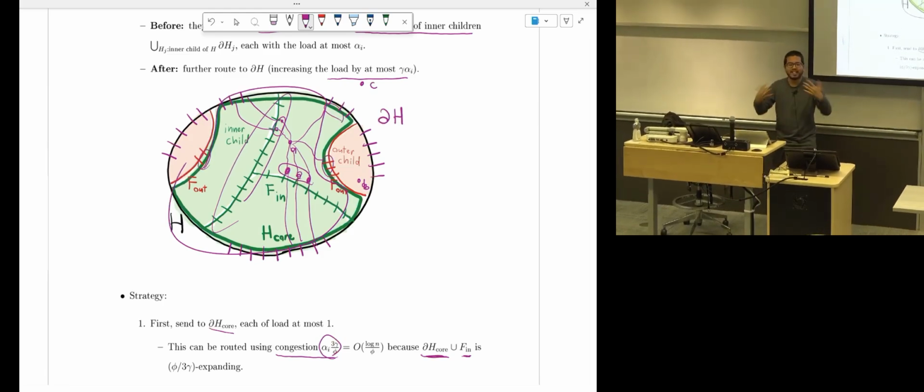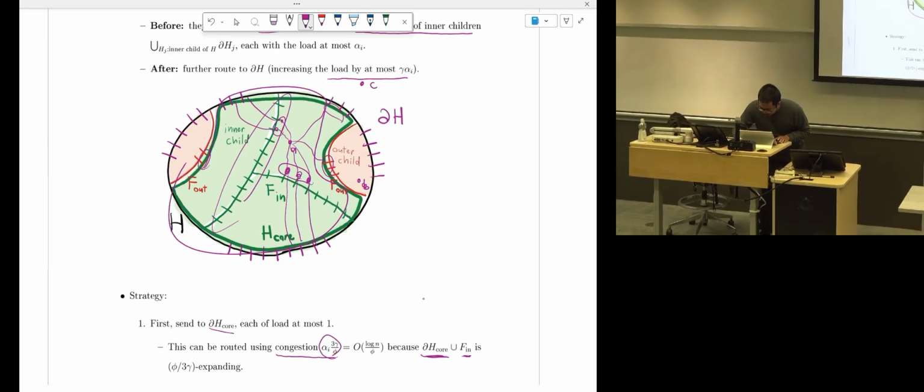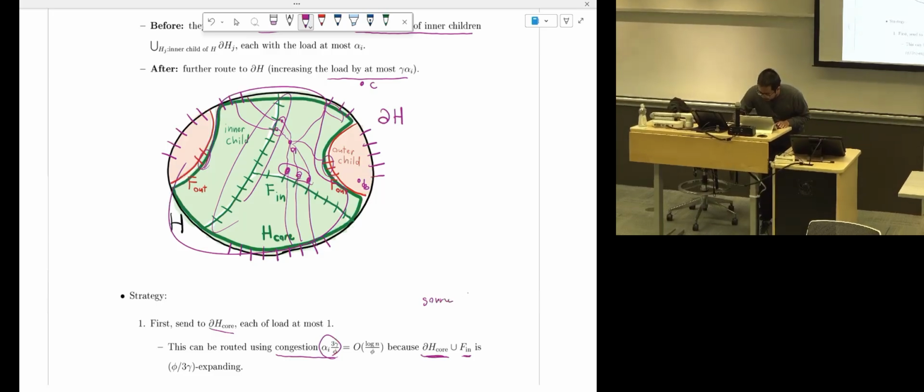This defines a demand that respects this thing, like the source respects alpha I and this union F in, and the sink respects the battery of the core.